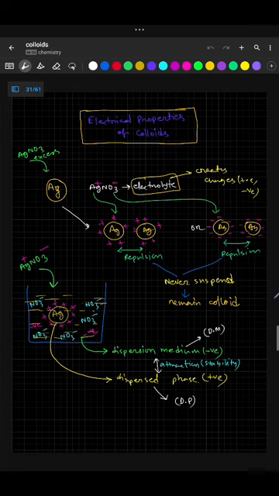So suppose here as an example, we are taking silver nitrate as an electrolyte, and when we put silver nitrate in a silver nitrate colloid, note that silver nitrate here is both a colloid and also an electrolyte.